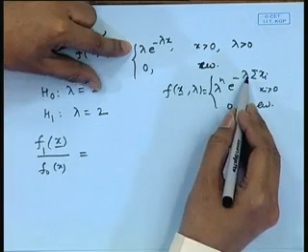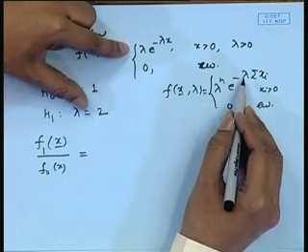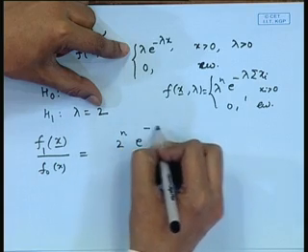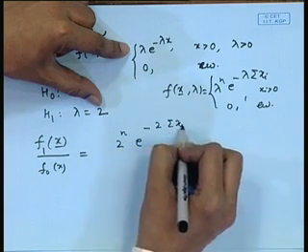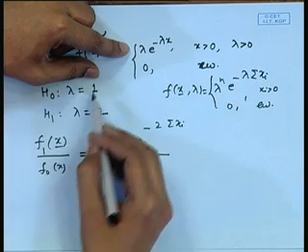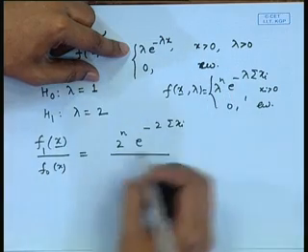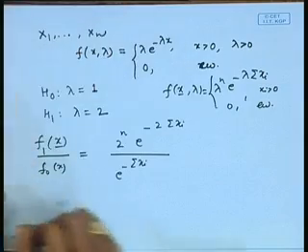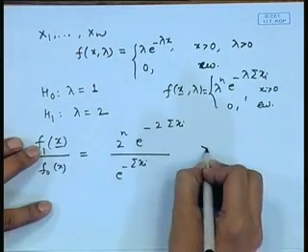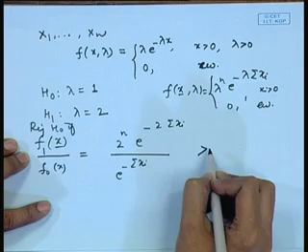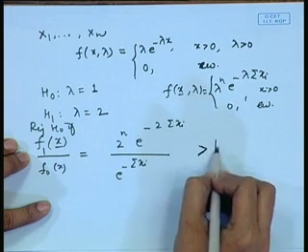So, f1 will correspond to the value of lambda is equal to 2, then this becomes 2 to the power n e to the power minus twice sigma xi divided by, when I put f naught, that is corresponding to lambda is equal to 1, I will get e to the power minus sigma xi. So, we are saying the test is reject h naught if this is greater than k.